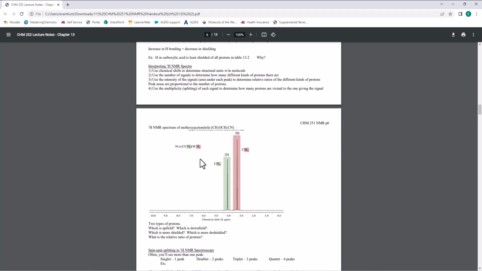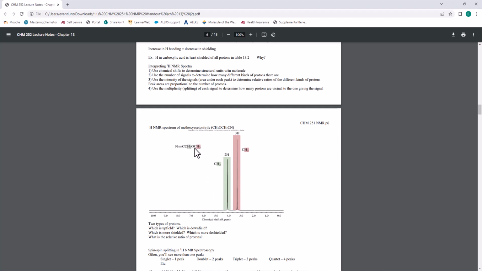If we're examining this molecule, methoxyacetonitrile, we have a CH2 and a CH3. The CH2 is going to be downshifted because it's between an N and an O, so we see a shift at about 4.1. And we see an integration of 2H. This integration tells us that at this position there are 2 protons with this type of chemical environment, which represents a CH2 group.